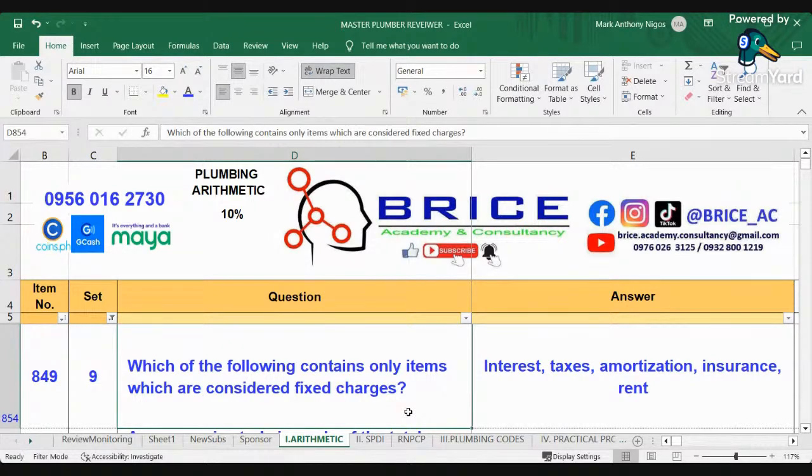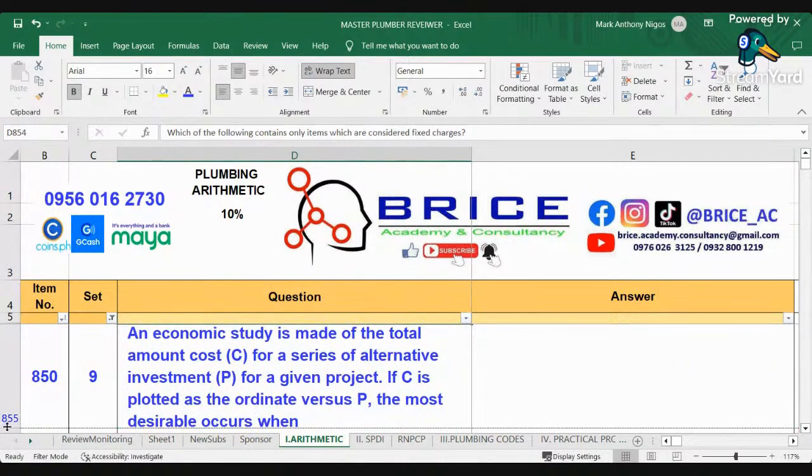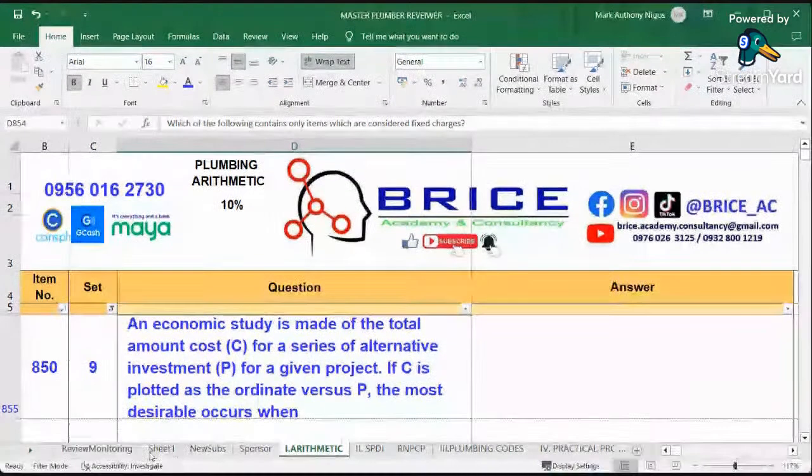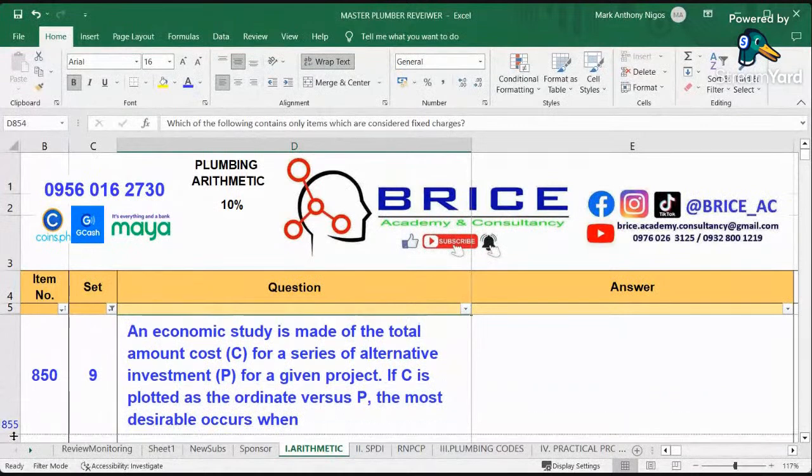And the last question for this session. 850. Economic studies made of the total amount cost C for a series of alternative investment P for a given project.